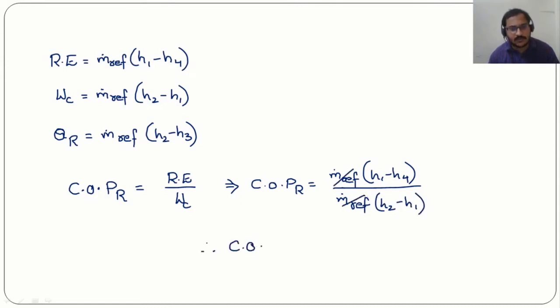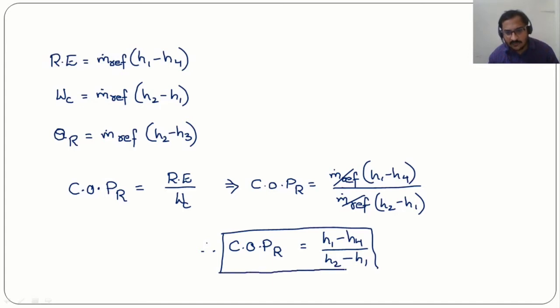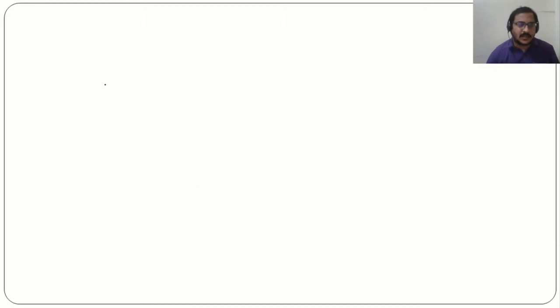Therefore COP of the refrigerator is equal to H1 minus H4 divided by H2 minus H1. This COP of the refrigerator that we have got here, we call the ideal COP. Now in order to learn about actual COP, we need to come across the actual refrigerating effect.